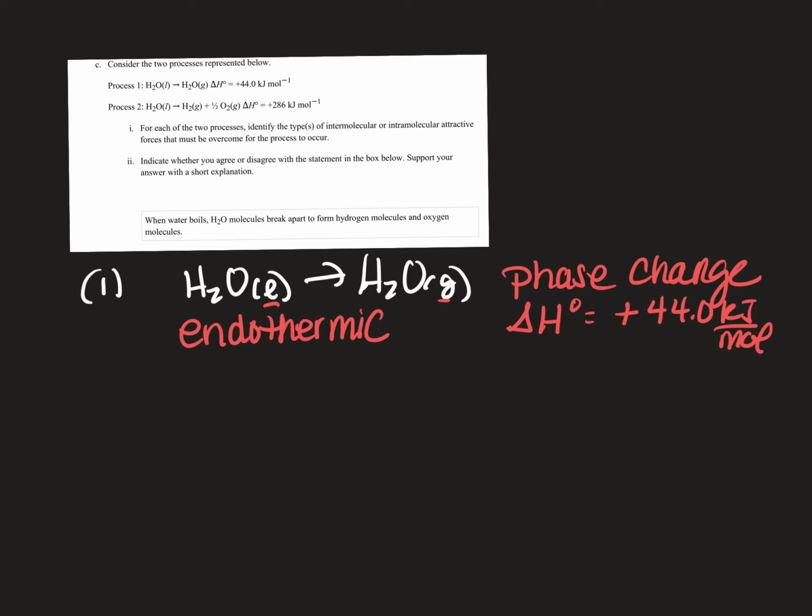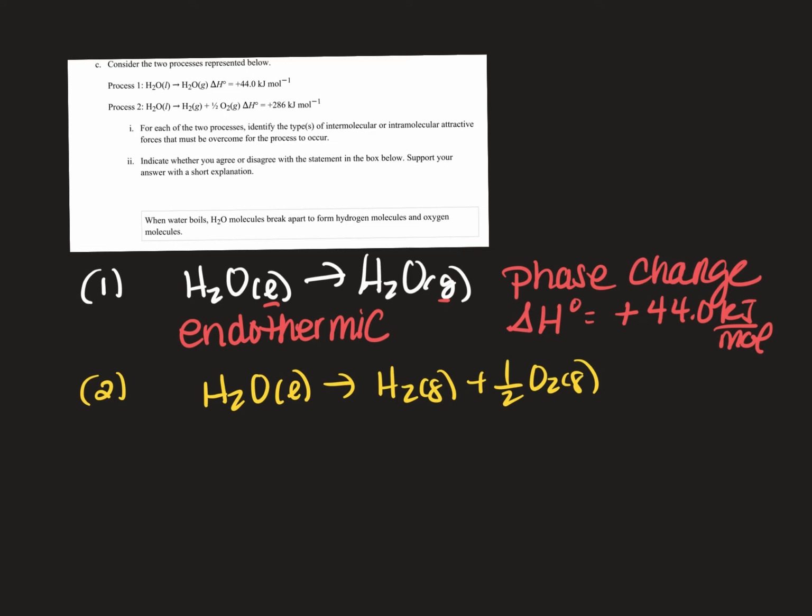The second one that we have is H2O liquid goes to H2 gas plus 1/2 O2 gas. And it says that the delta H naught here is positive 286 kilojoules per mole. So this is not a phase change.